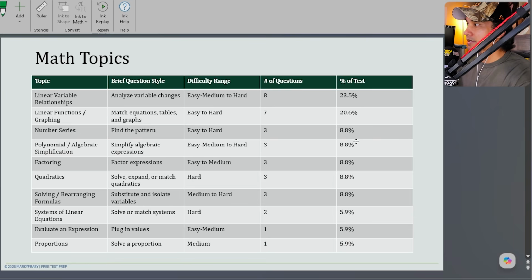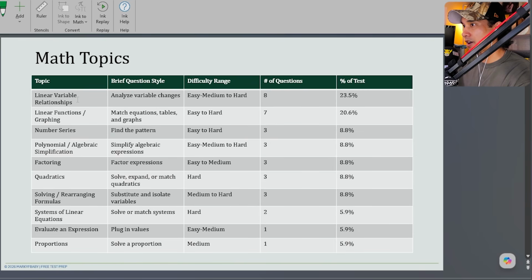And on the test, here are the math topics. I did make the test heavy on linear variable relationships and graphing. I made them 44% of the test, 8 to 7 questions. That's 15 questions of this.